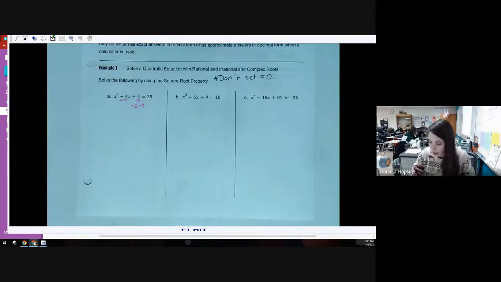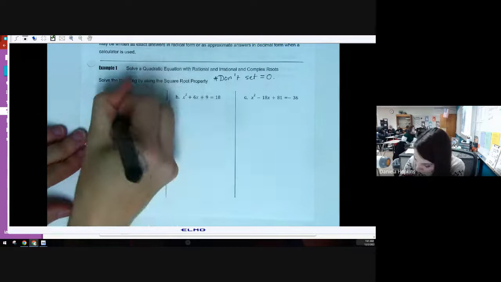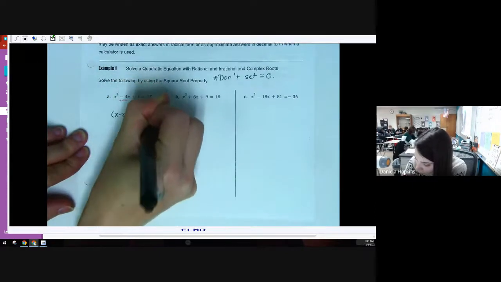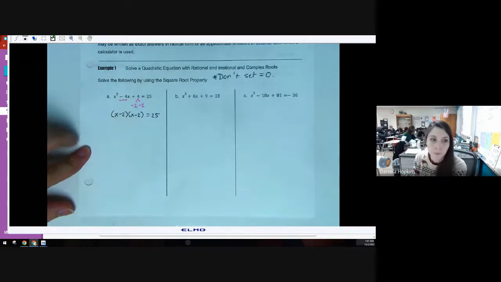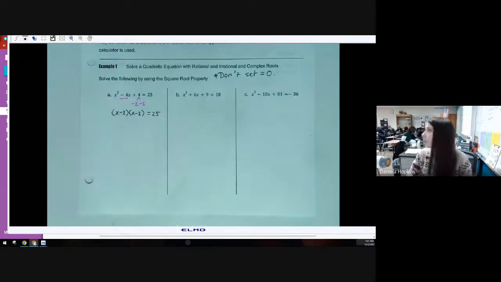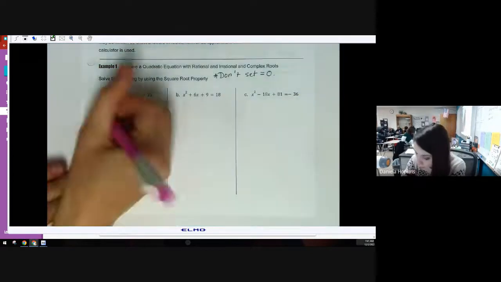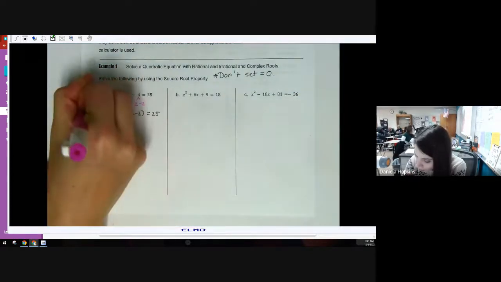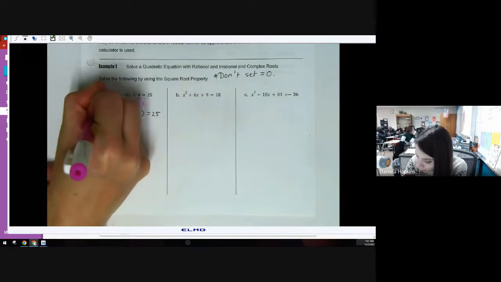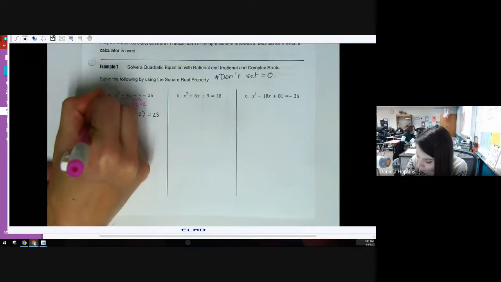So we could factor this as x minus 2 times x minus 2 equals 25. I had told you guys last Wednesday when I was here, this has a special form. This is our perfect square trinomial.